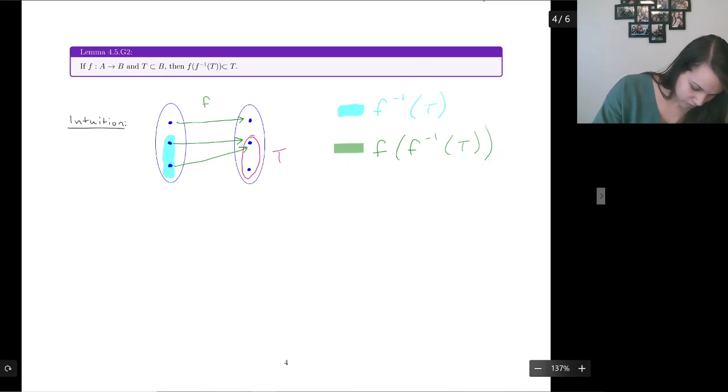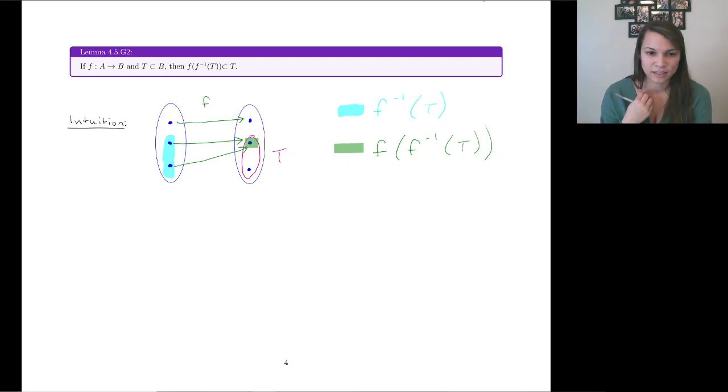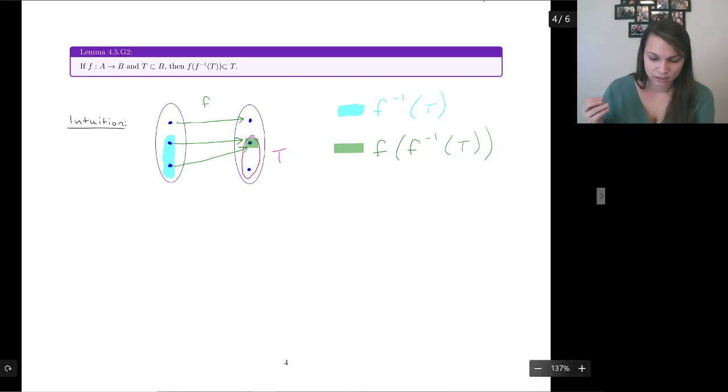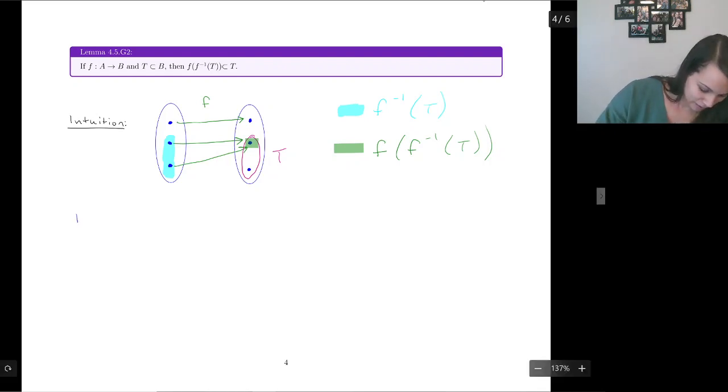Oops. And so that's a subset of T. That's not all of T. And the reason that's happening is we're not even mapping to all of T. Okay. So again, this is a picture, not a proof. So let's go ahead and do a formal proof.